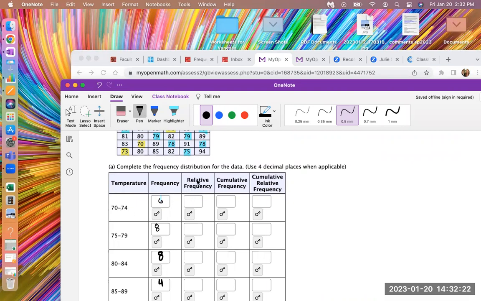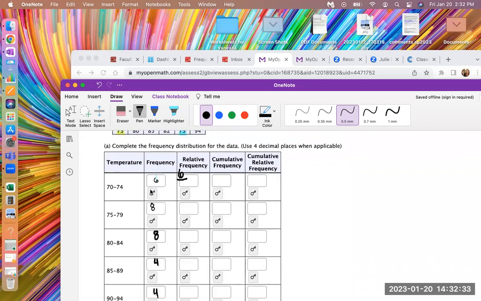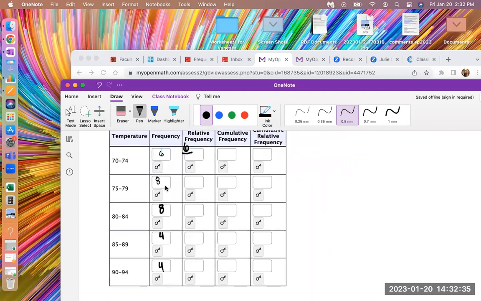To find that, you take the number of observations between 70 and 74, and you divide by the total number of observations. To find the total number of observations, you could add 6 plus 8 plus 8 plus 4 plus 4. So that would be 14 plus 8 is 22, 22 plus 4 is 26, plus 4 is 30.